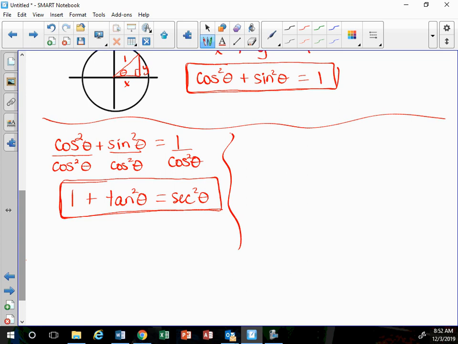Okay, you with me? All right, to find the third one, let's start again with the basic identity. Cosine squared plus sine squared equals 1. What do you think I'm going to do to find the last identity? Yeah, divide by sine squared.